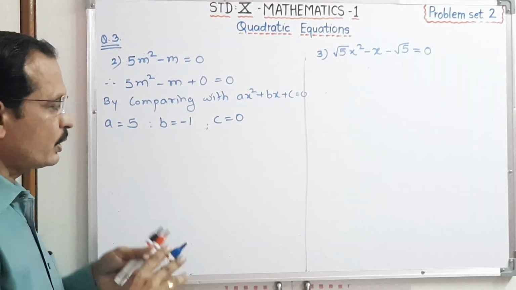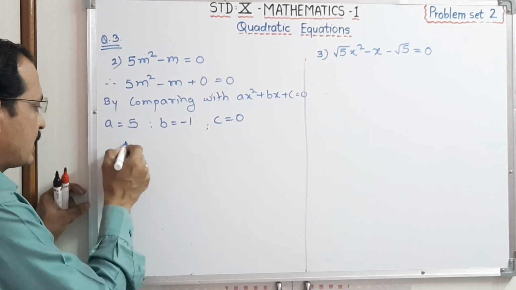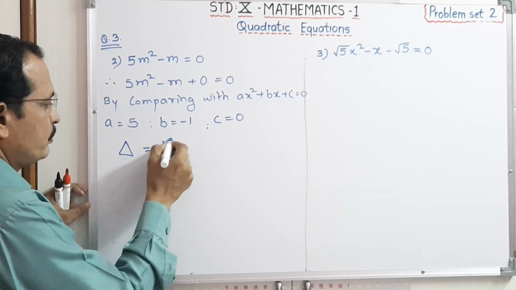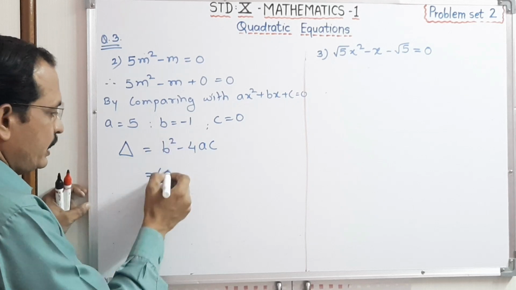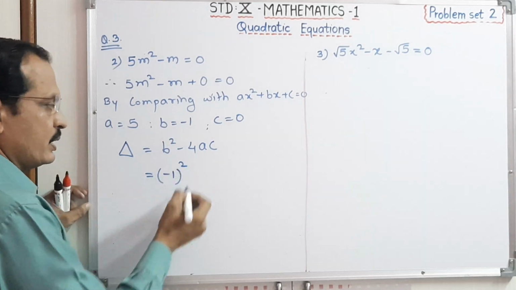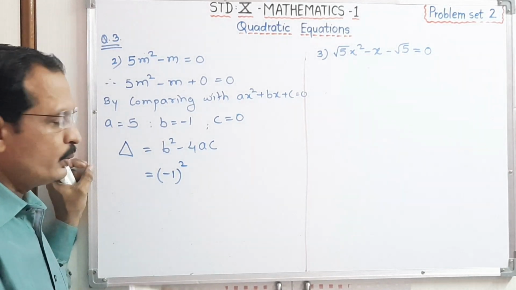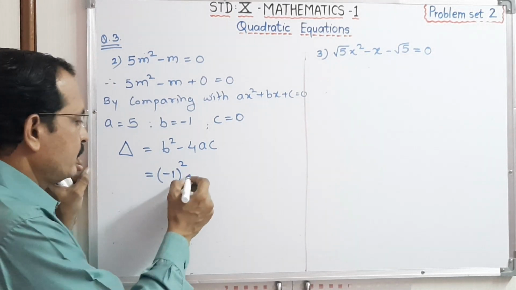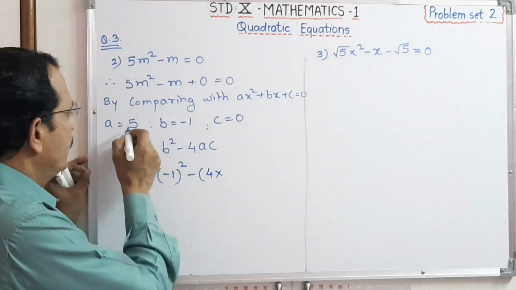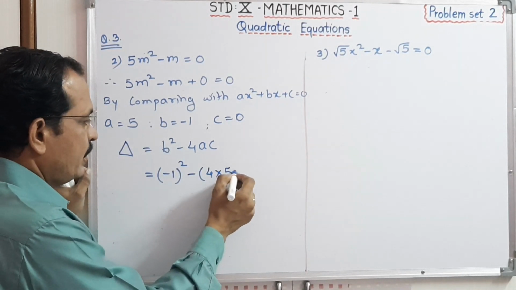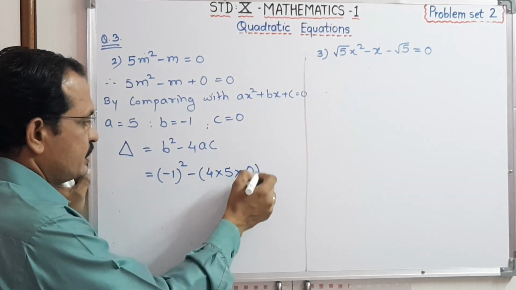Now we have to find the value of discriminant, that is delta is equal to b square minus 4ac. Now what is the value of b? It is minus 1 in bracket, square. I have already told you, use brackets, they will help you. Minus 4 into a is 5 and c is 0.